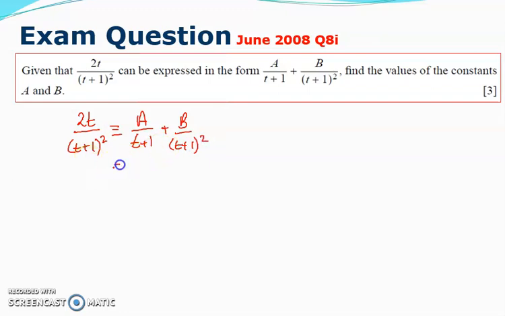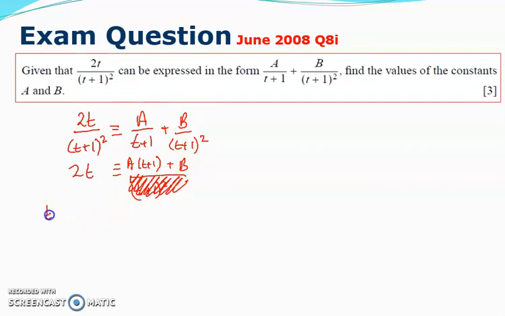And you recall that what we tried to do is write the right hand side over the t plus 1 squared. So if I just put it over t plus 1 squared, then the A has had to be times by t plus 1 to make it work, but the B was already over it, so we didn't change it. And you will recall that I quite like to not bother writing the bottom out.